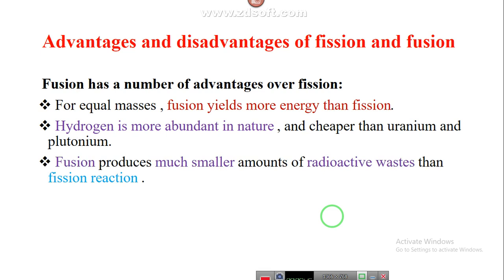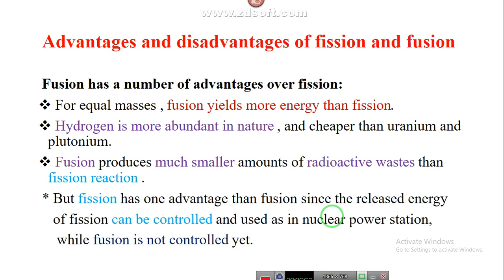Fusion produces a very small amount of radioactive nuclear waste while fission produces nuclear waste. Fission has one advantage over fusion, since the energy released by fission can be controlled and used, as in a nuclear power station, while fusion is not controlled yet.